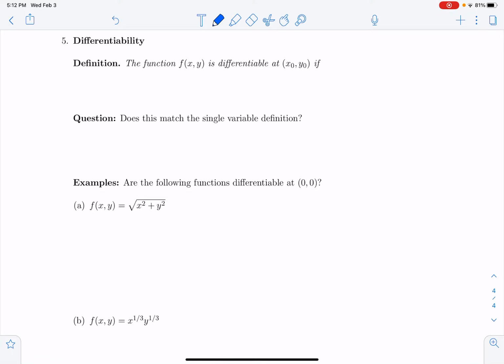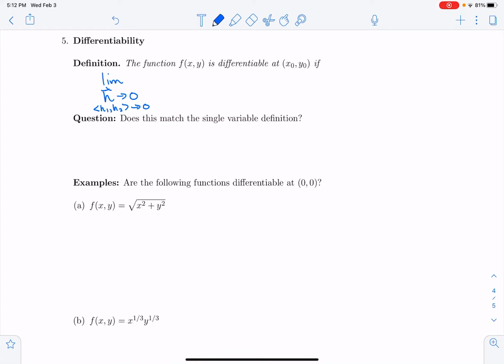So here we say that the function f of x, y is differentiable at a point x0, y0 if the limit as h goes to 0, except this h is going to be a vector. We can think about that as the vector h1, h2 going to 0.